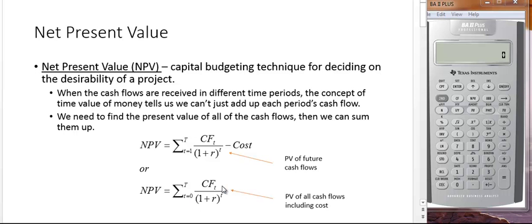So that cash flow is paid when you're buying the project or when you're starting the project. So at t equals 0, you're going to have today's time period, right? Because (1 + r) raised to the 0 power is just 1. And cash flow 0 is going to be the cost, and that's going to be a negative number. So both of these are equivalent formulas. They're just written in slightly different ways.